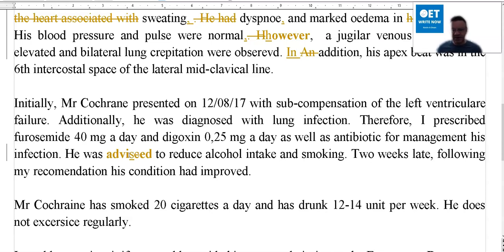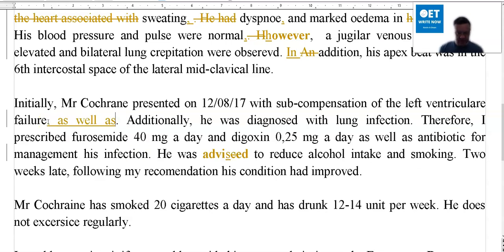So you've got the lung infection, antibiotic for management for his infection. So Mr. Cochrane presented with decompensation of a left ventricular failure, as well as a lung infection.